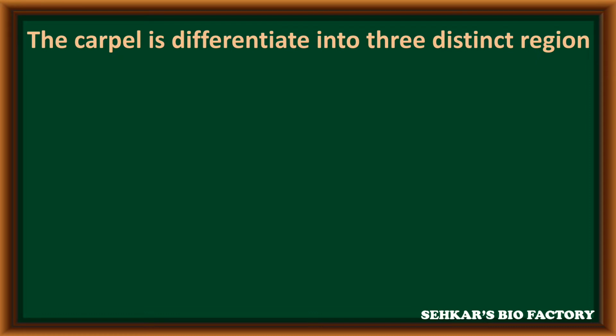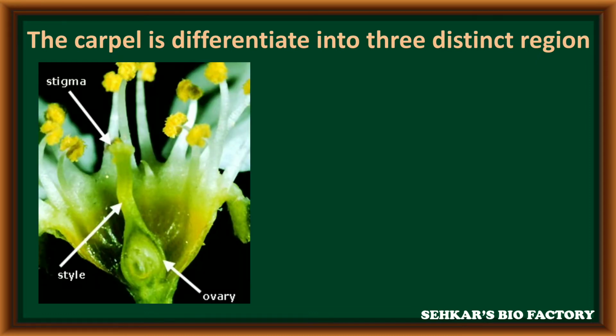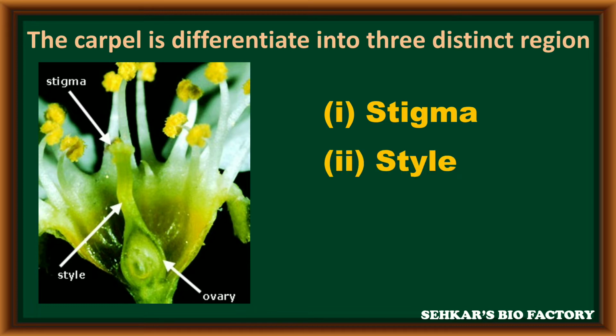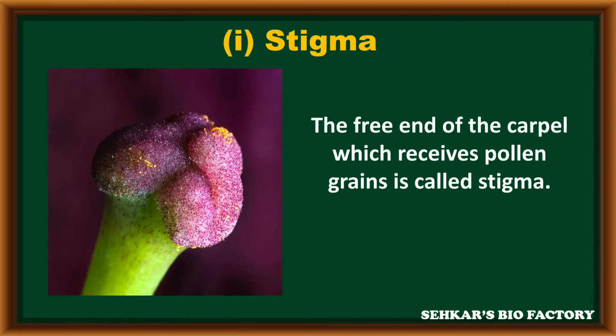In a carpel, generally three parts are present. One is called stigma, the second part is style, and the third part is ovary. The first part, stigma. Stigma is the free end of the carpel and it is the landing site for pollen grain during pollination.